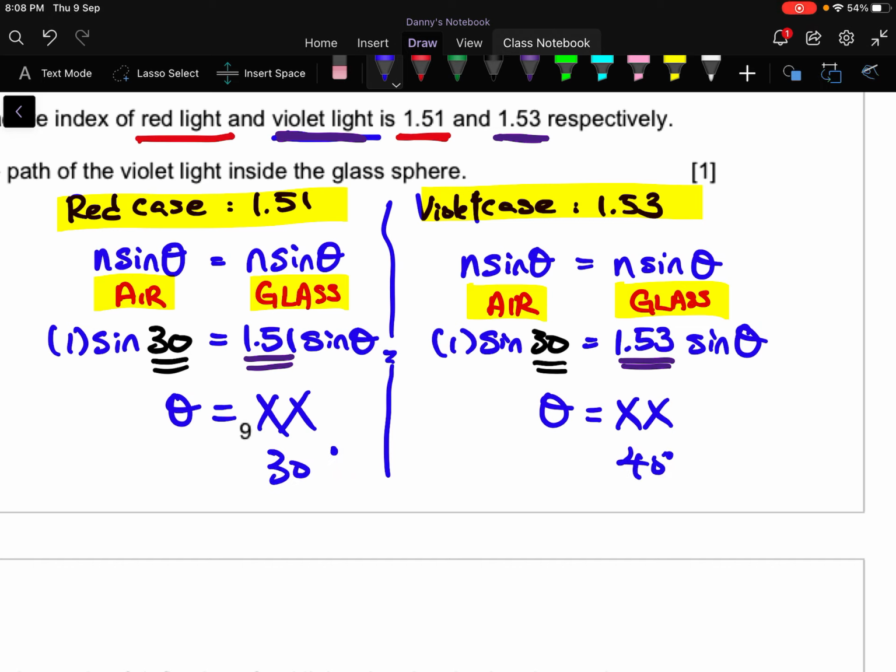So if this is 30 and this is 40, let's say, then what does it mean? Well, it means that you send the light in, and if this is my red, this is 30. If I have 40 here, what does it mean? Well, it means my purple will be larger. Yeah, that's what it means, right?